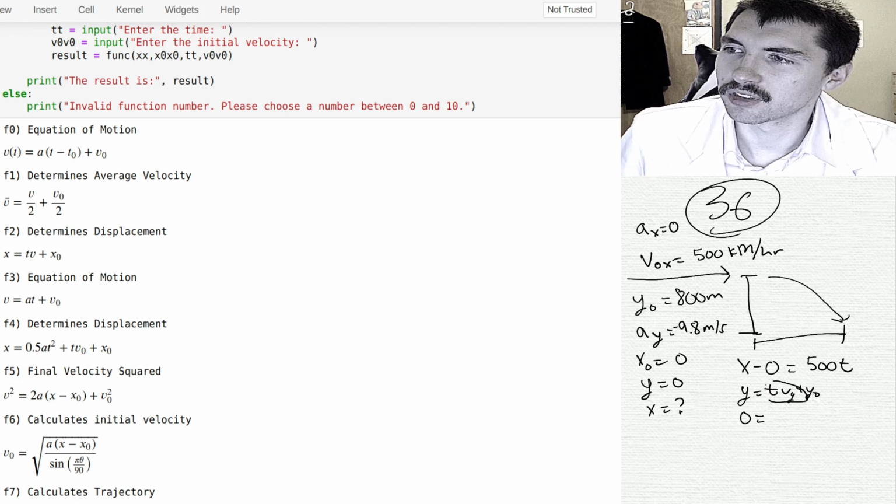I'm tempted to say, is a in the y direction equal to t vy?